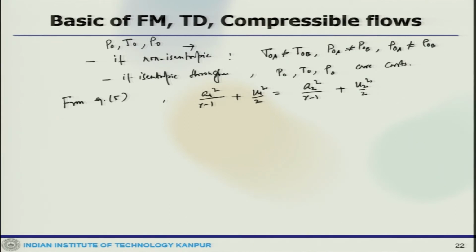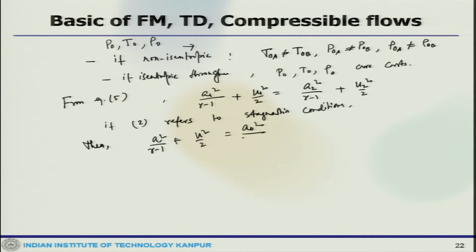Let us say if 2 refers to stagnation conditions, then what we get, A square by gamma minus 1 plus U square by 2 equals A naught square by gamma minus 1, that is equation 11.